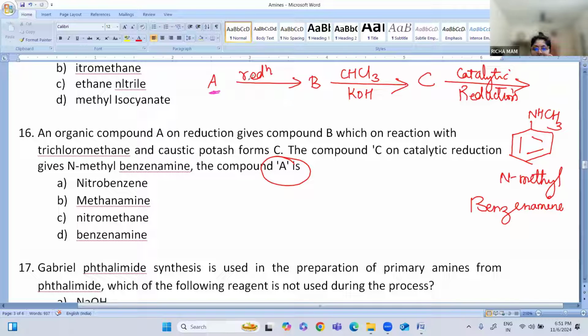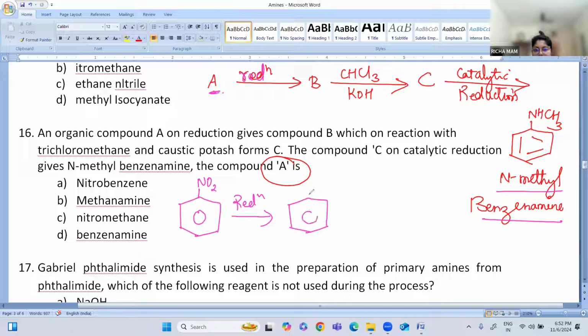So what all are the steps? Here A is reduced. After doing catalytic reduction, I'm going to get the N-methyl benzenamine. So if I take A as nitrobenzene, let us see. If I do reduction, what am I going to get, students?